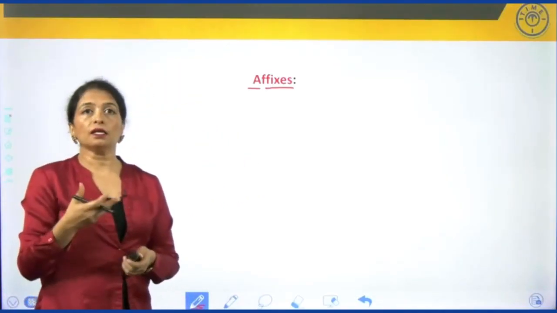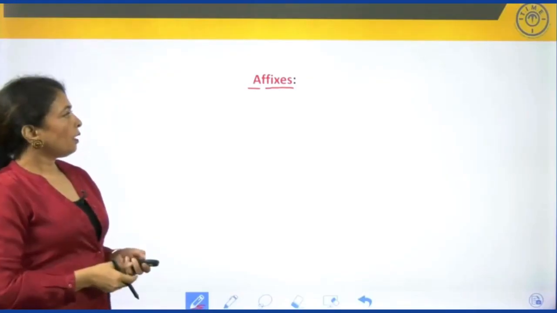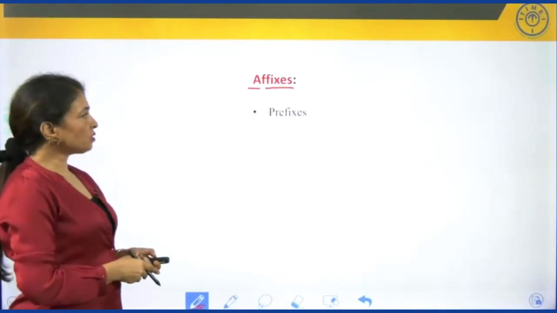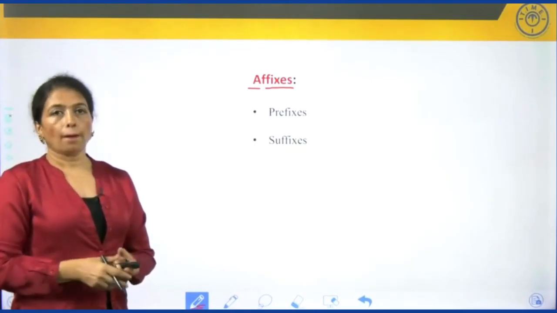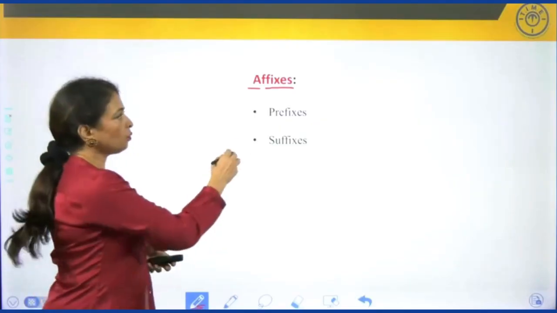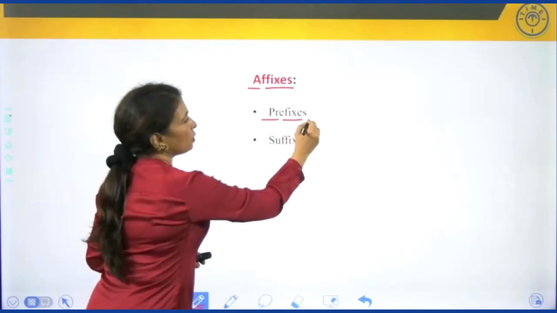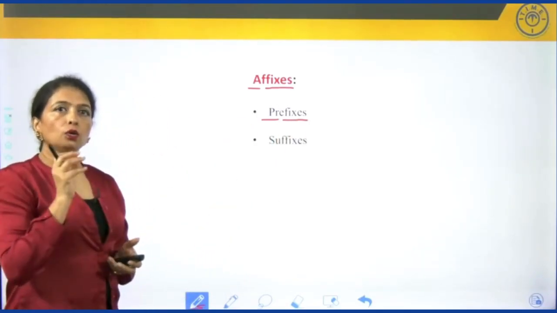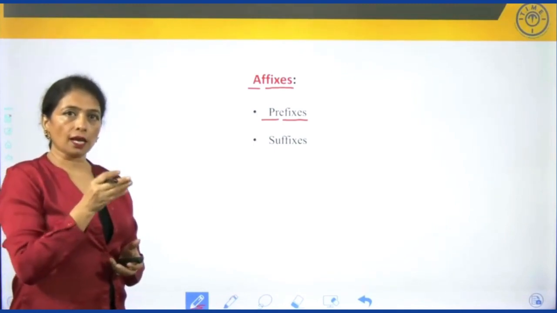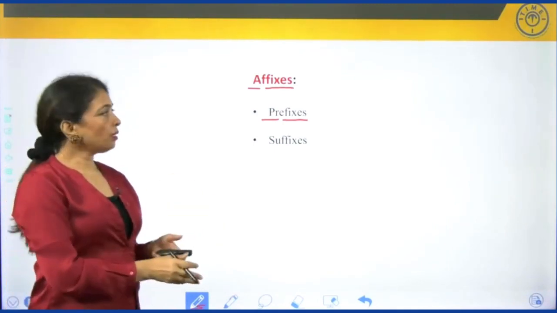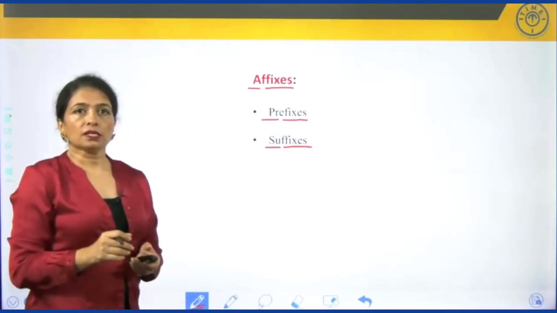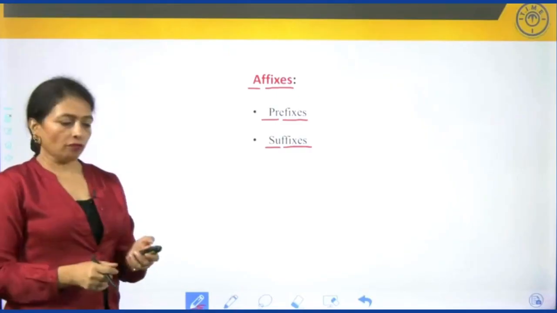So, what exactly are affixes? Affixes are words like prefixes and suffixes. Pre is before, okay, pre is before and fix is to attach. So, what is a prefix? A prefix is then a group of letters that is attached to the beginning of a word, and suffix is that group of letters that is attached to the tail end of a word.